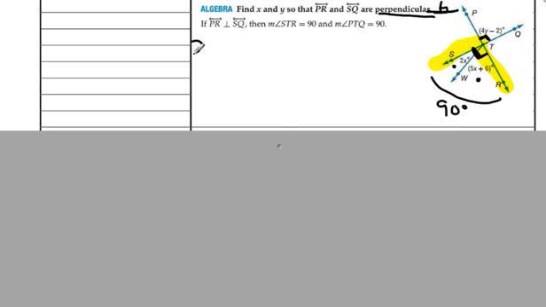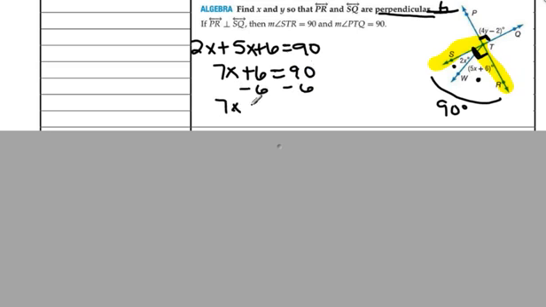So angle addition, 2x plus 5x plus 6 equals 90 degrees. I would combine my like terms. 2x and 5x is 7x plus 6 is 90. I would subtract 6 from both sides. 7x equals 84. And then dividing by 7, I would get x is 12.